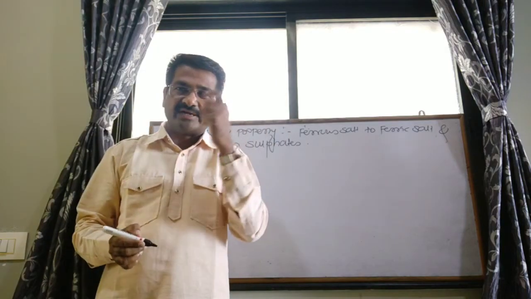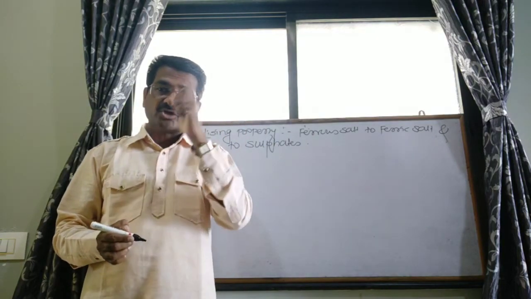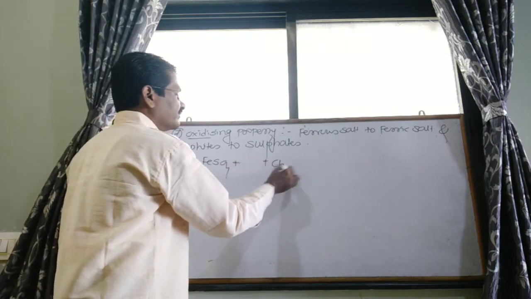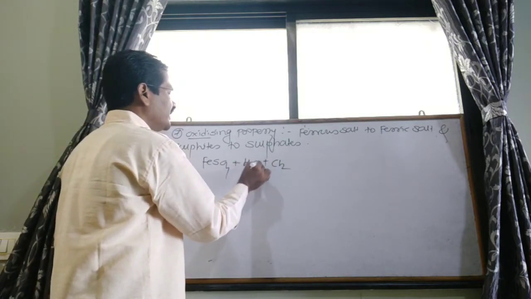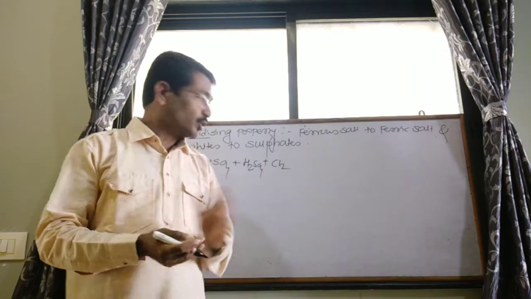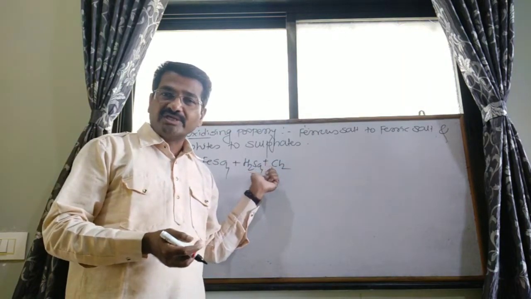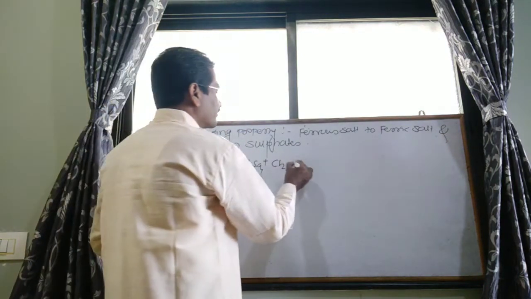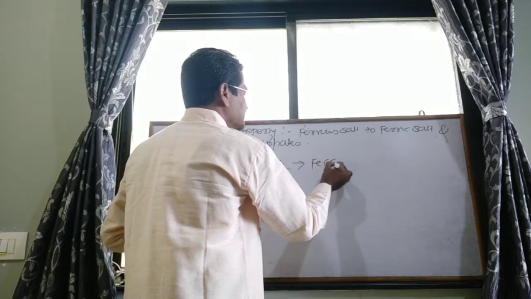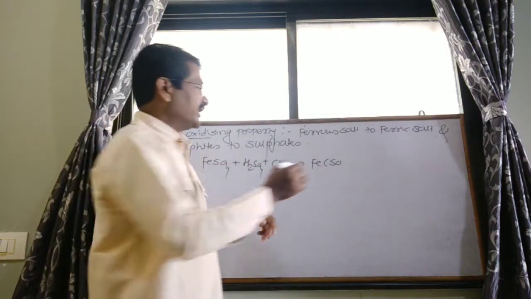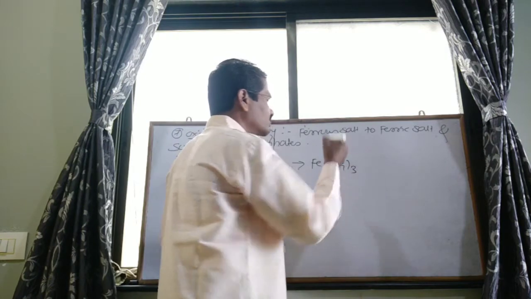Ferrous sulfate is oxidized by chlorine with sulfuric acid, H2SO4, and then we get ferric sulfate, Fe2(SO4)3.